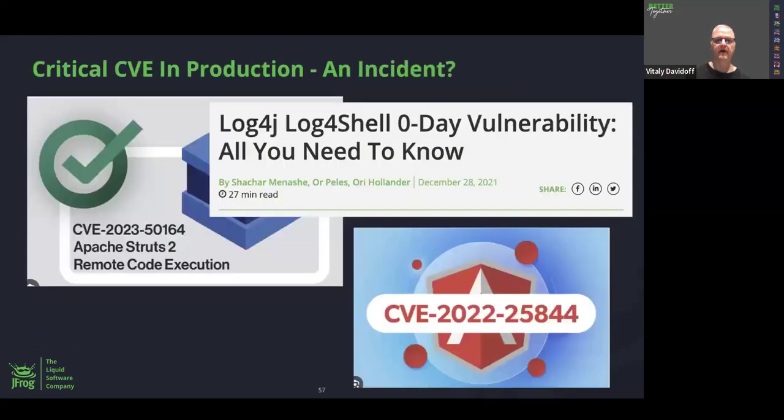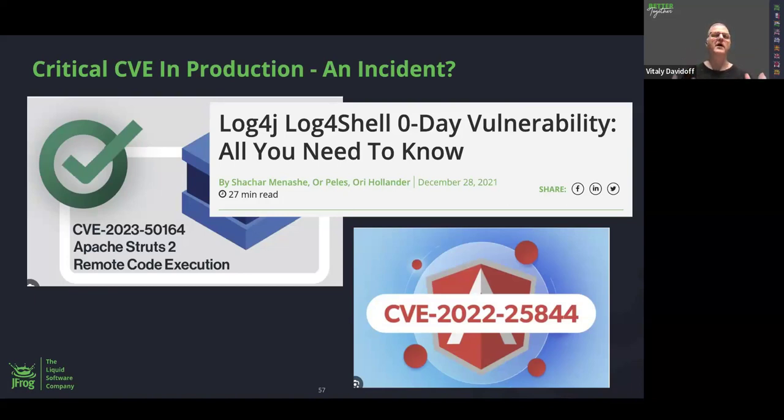So now back to application security and to our session. Again, you can think about it as my recommendation: what if you have a critical third-party CVE on your production already? You can say, okay, it's not an incident. But at JFrog, for sure, we see this situation as an incident.